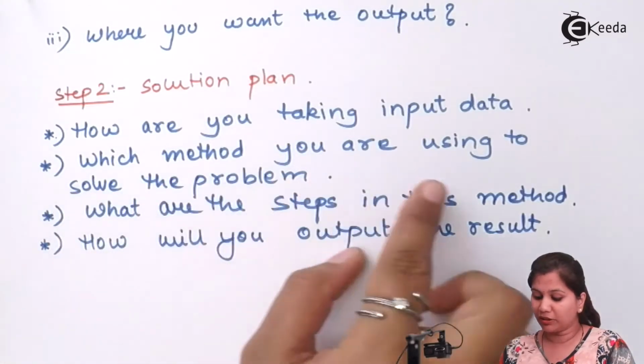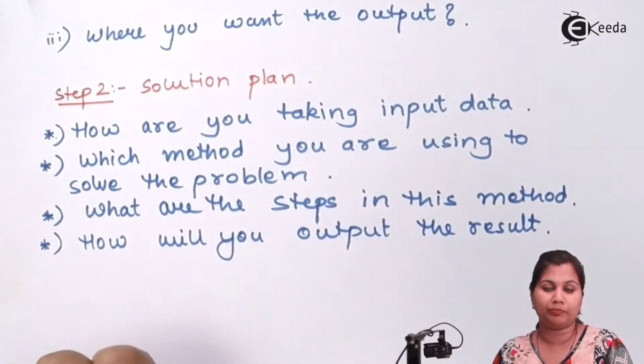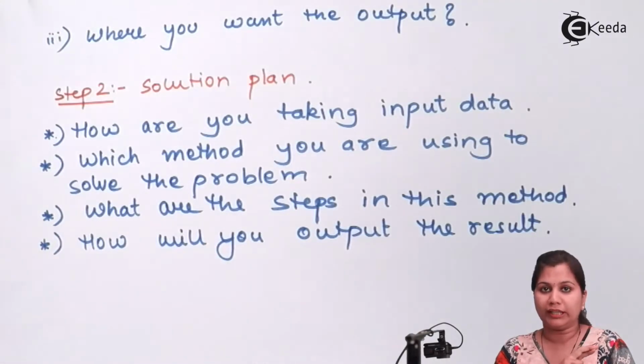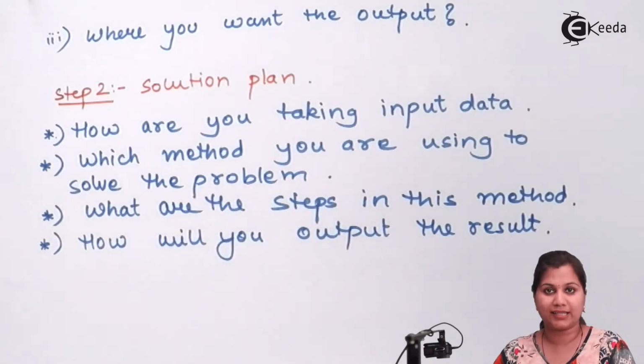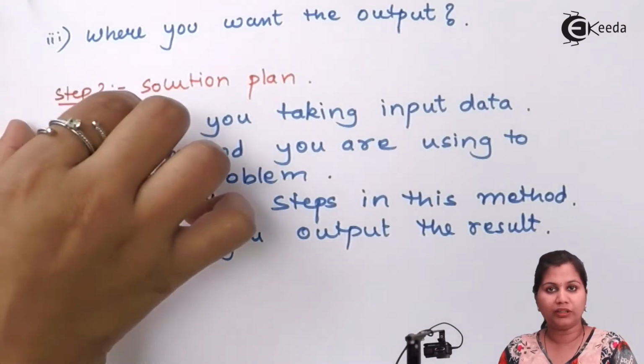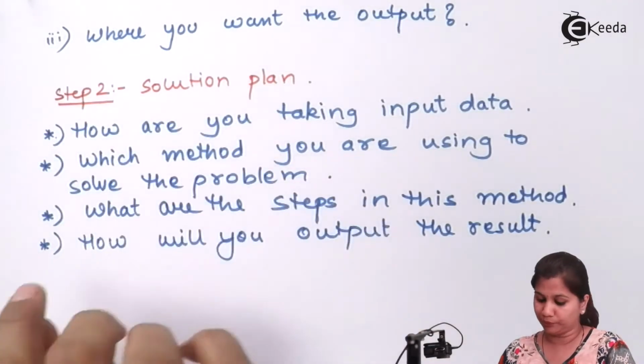Also, which method you are using to solve the problem. Suppose you have to do the addition. Now how you are going to add these two numbers, that you will decide in step number 2. Suppose that you are going to use the addition instruction, and then you will add those two numbers.